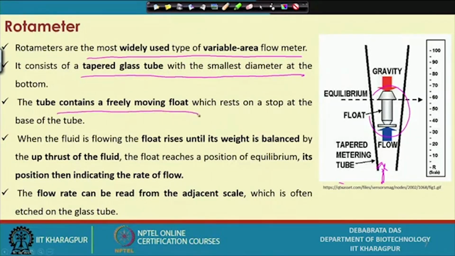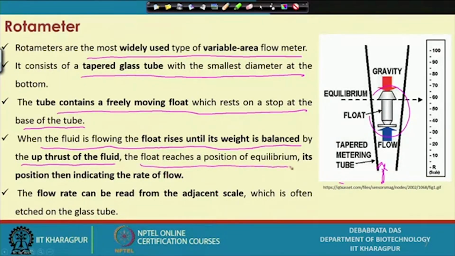The tube contains a freely moving float. It rests at the base of the tube, and when the fluid is flowing, the float rises until its weight is balanced by the upthrust of the fluid. The float reaches a position of equilibrium, and its position then indicates the rate of flow. The flow rate can be read and adjusted on the scale, which is often on a glass tube.